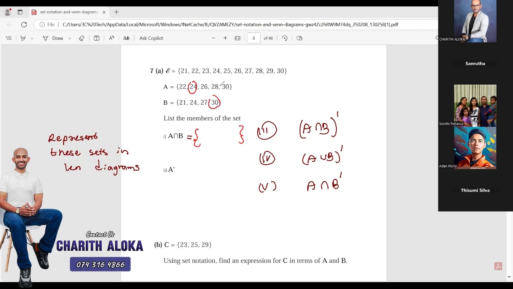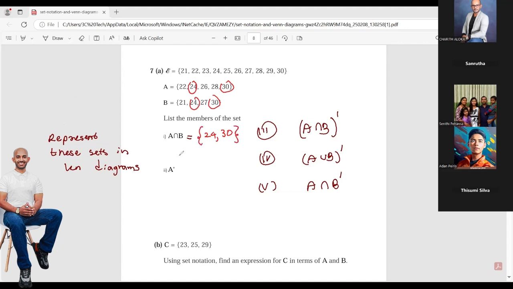And 30. 24 and 30 are the elements in common. Right? They are the elements in common. 24, 30.